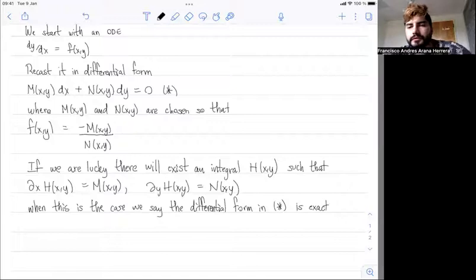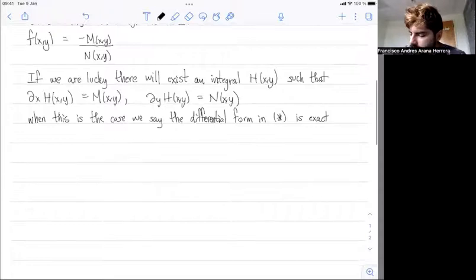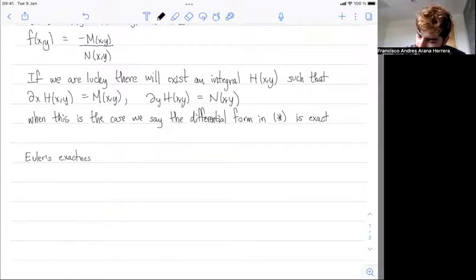Yeah, that's what we said last time, but we didn't talk really about how to. It seems for now that if you want to test if a differential form is exact, you should try to guess what h is. But there's actually a criterion for checking exactness, and this is Euler's exactness test.